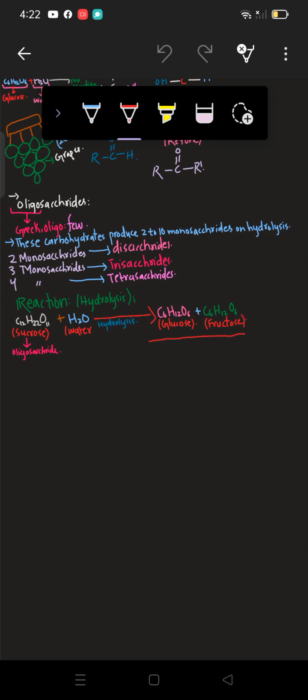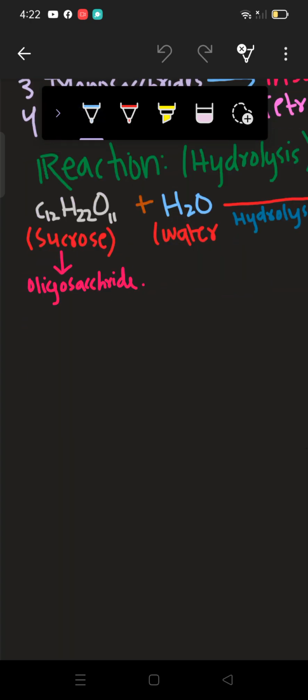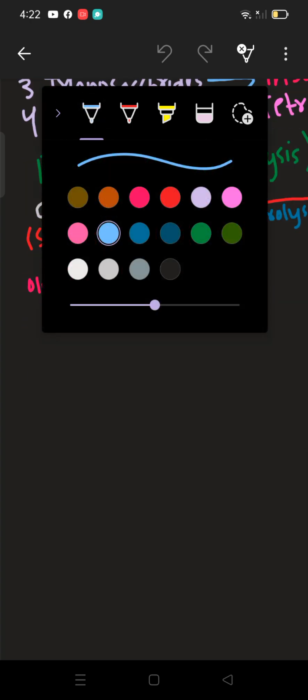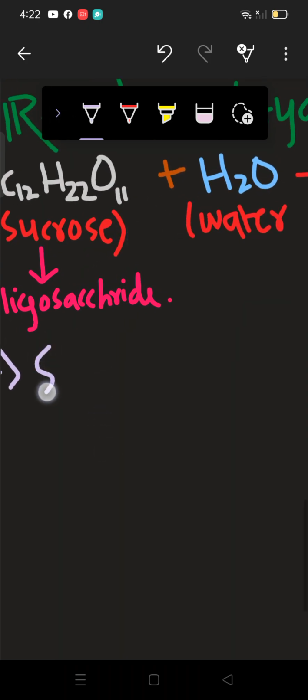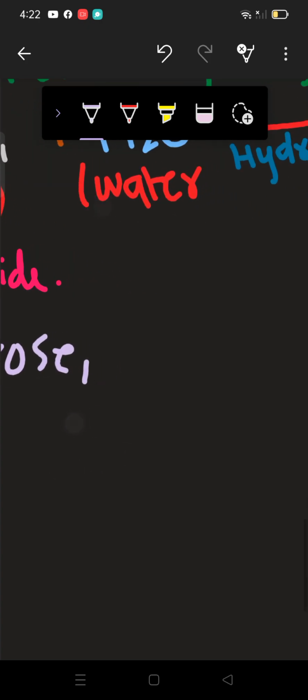Now let me tell you the examples of oligosaccharides. So we have sucrose, as I told you, with the formula C12H22O11. Then we have maltose.